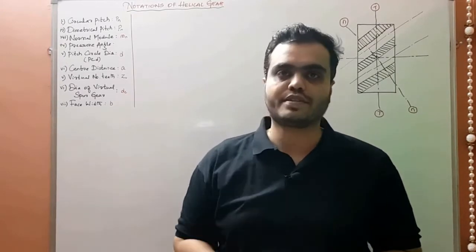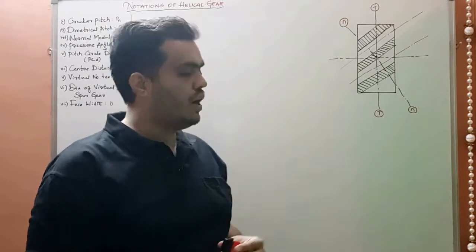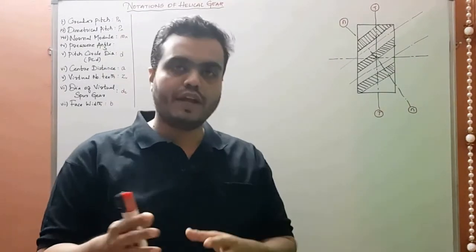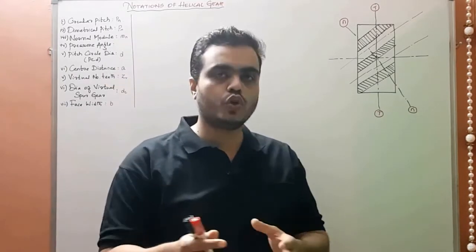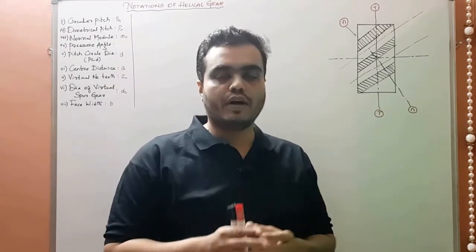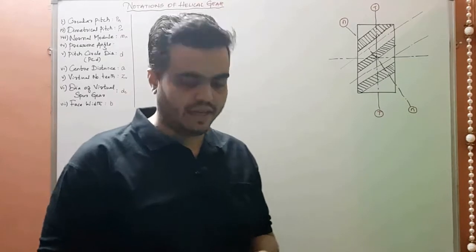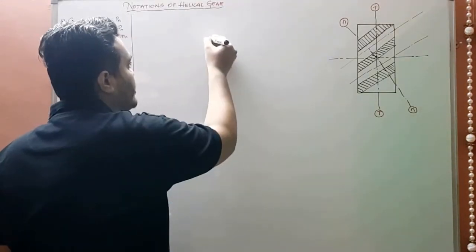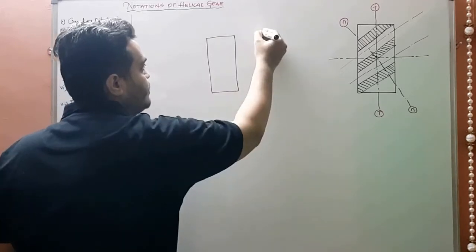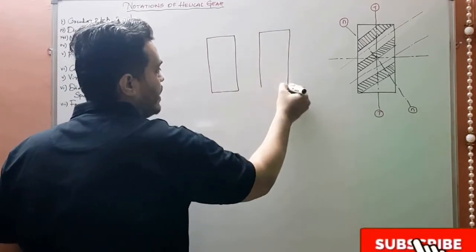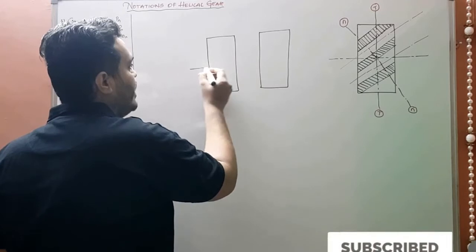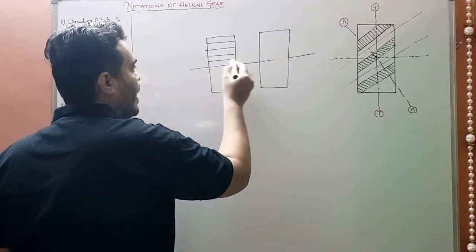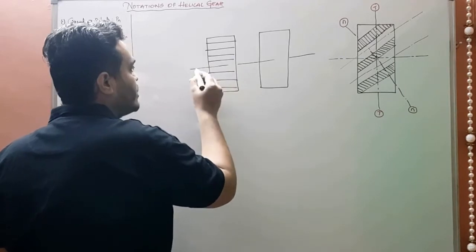So let's start. First we'll see what a helical gear is. Before entering into helical gear, we should know the difference between spur gear and helical gear. Consider this is a spur gear, and this is a helical gear. In a spur gear, the teeth are parallel to the axis of the shaft.